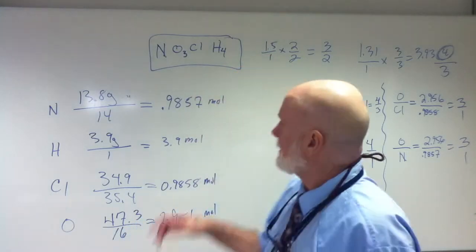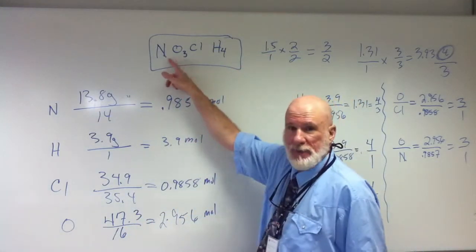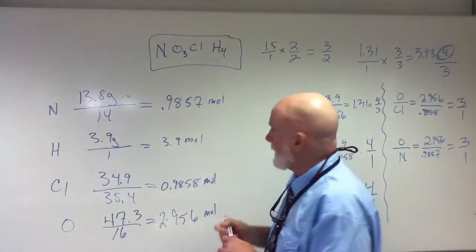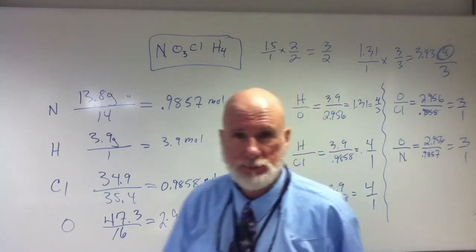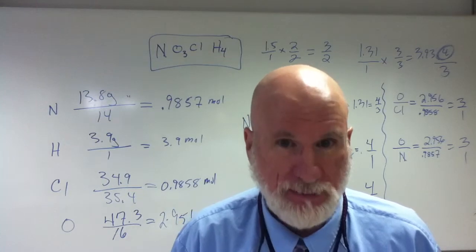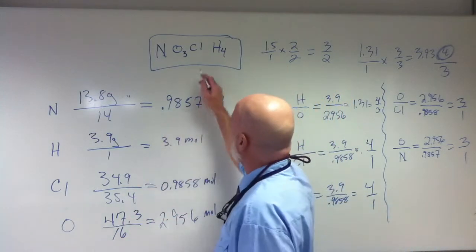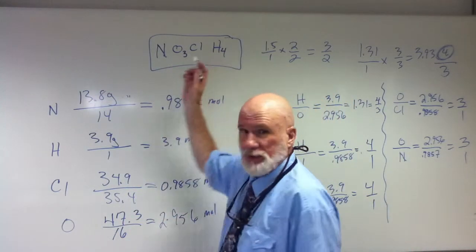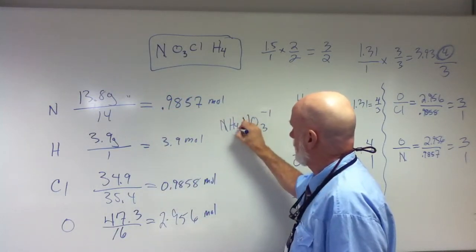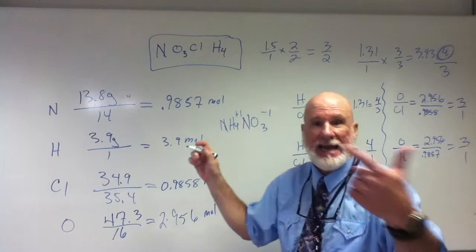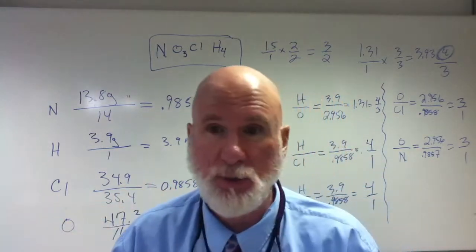Do you see, do things just stick out at you now that you know a little chemistry? Doesn't the nitrate just jump out at you? So it's nitrate, -1, right? So you know that, right? And what's NH4? Isn't that ammonium? So it makes sense that the true formula would be what?